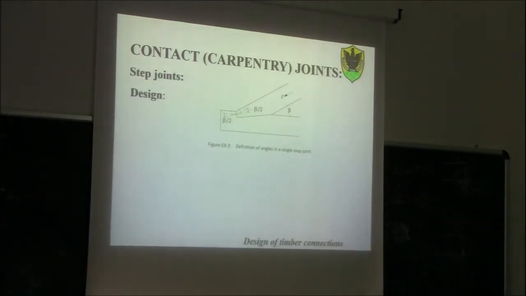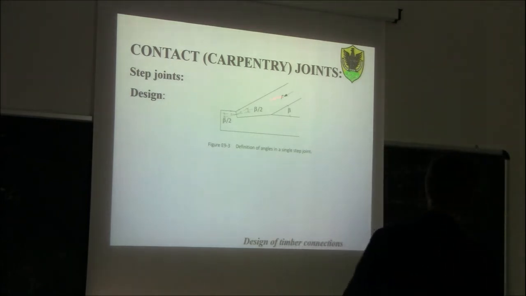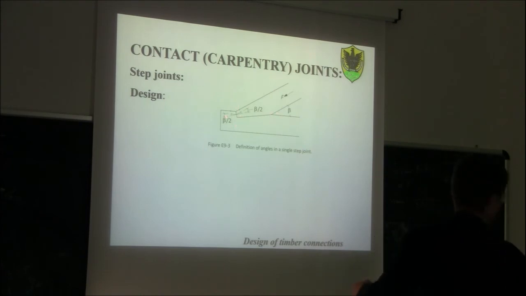So, this is in order to design for compression. Just remember that, strictly speaking, you have to do 4 compression checks, since you have 2 notches on 2 members, so 2 by 2, 4.